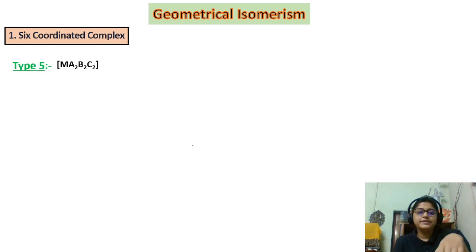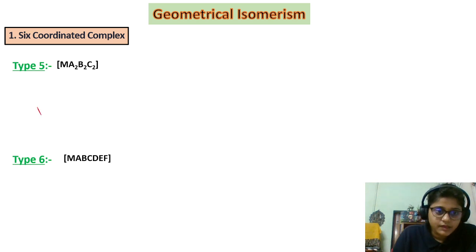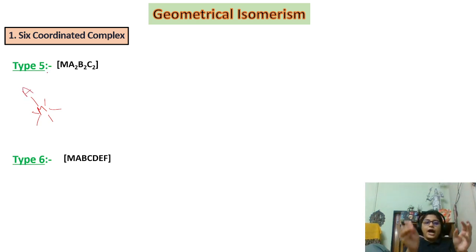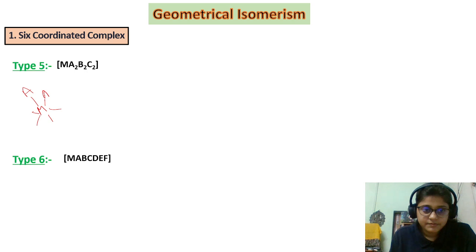Now type 5, there is M, A2, B2, C2. I'll try to draw it. M. When I solve questions like this, I will try to place the ligands first in a cis manner, all cis. Here you can also use the same thing, right?